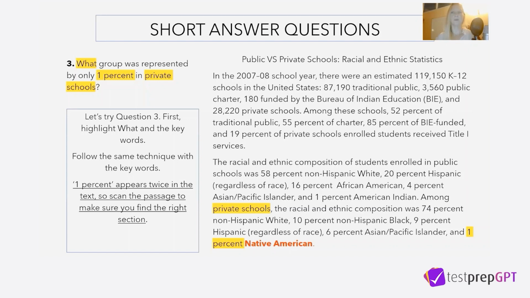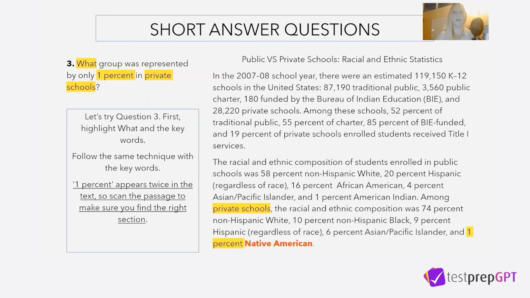So let's jump to the second sentence of paragraph 2. Among private schools, the racial and ethnic composition was 74% non-Hispanic white, 10% non-Hispanic black, 9% Hispanic, regardless of race, 6% Asian Pacific Islander, and 1% Native American, right?